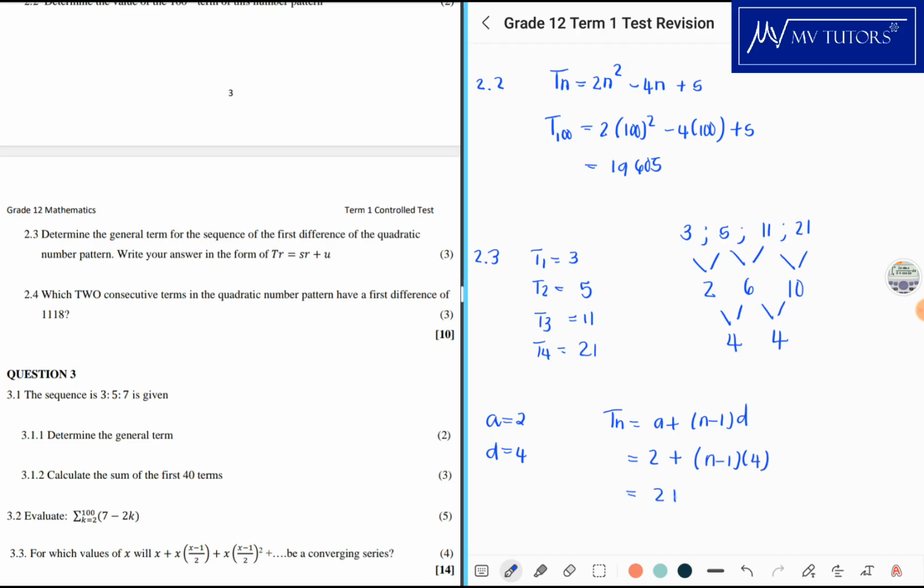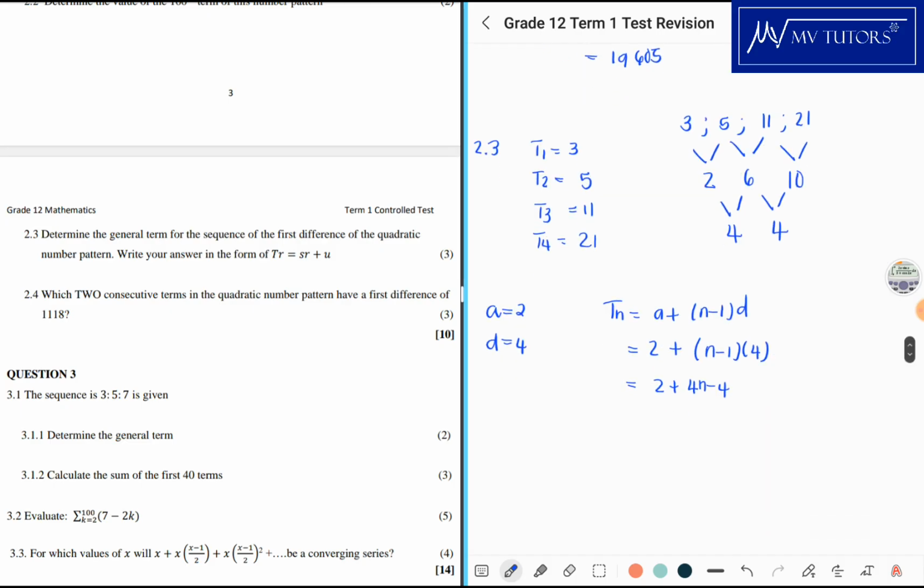So we have 2 plus 4n minus 4, and therefore we have 4n minus 2. Okay, so therefore we have TR is equal to 4R, because it's R there, they're not using n anymore, and then minus 2.